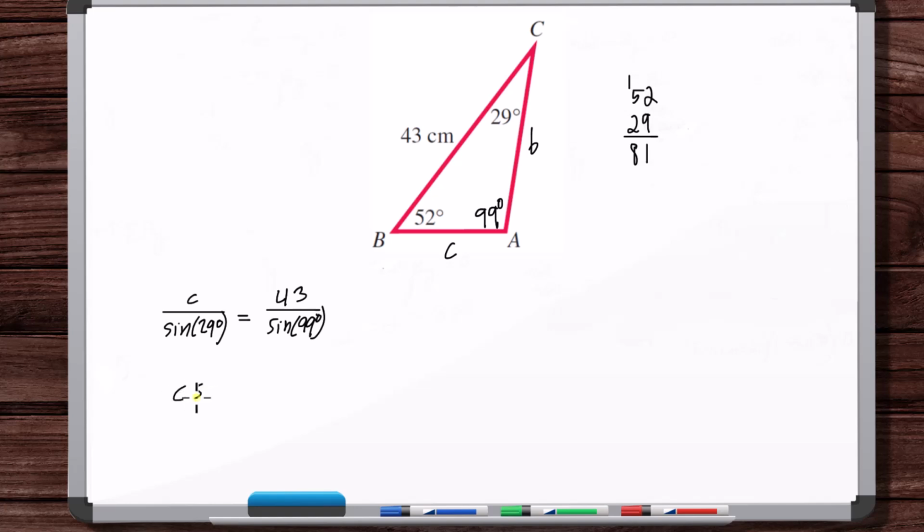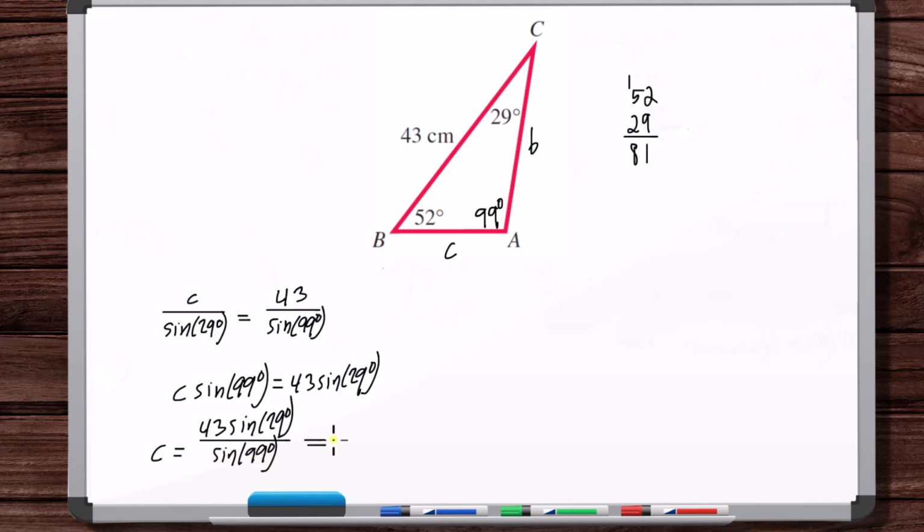So C sine of 99 is equal to 43 sine of 29. So C is equal to 43 sine of 29 over sine of 99.